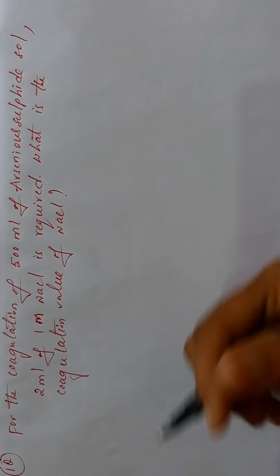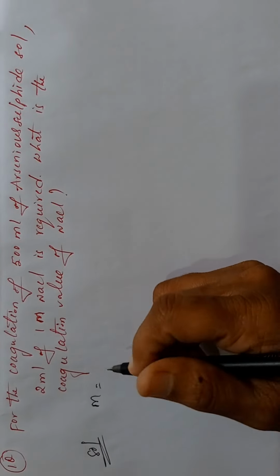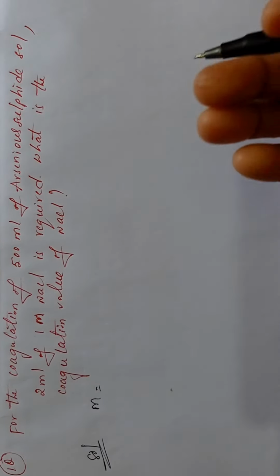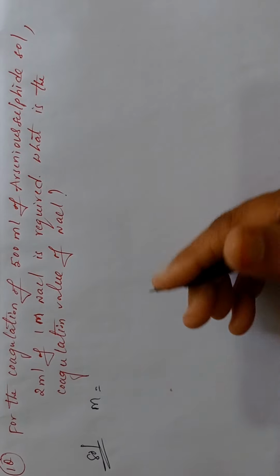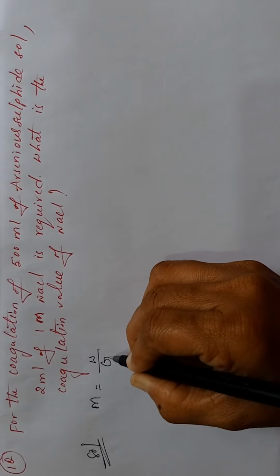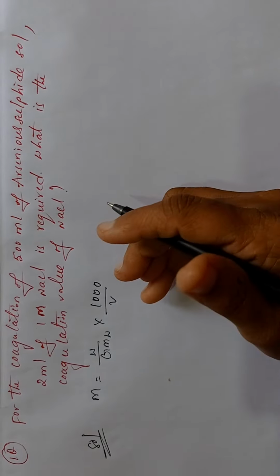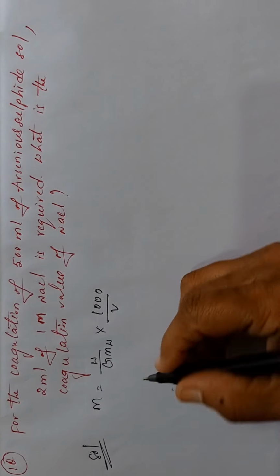So what is the solution, students? Molarity is equal to, we know that formula, the number of moles of solute present in 1 liter of the solution, correct? So we can write this formula as weight by gram molecular weight into 1000 by volume. This is the molarity formula.